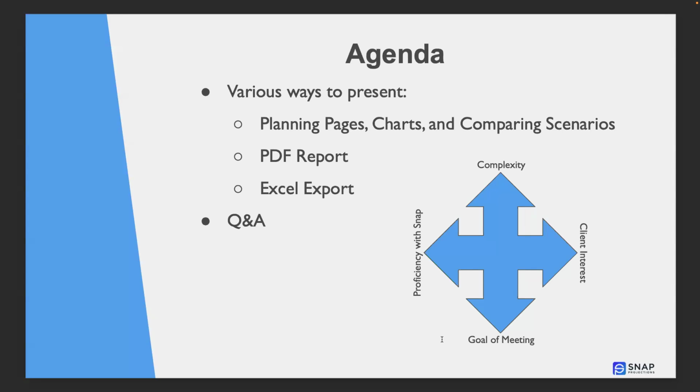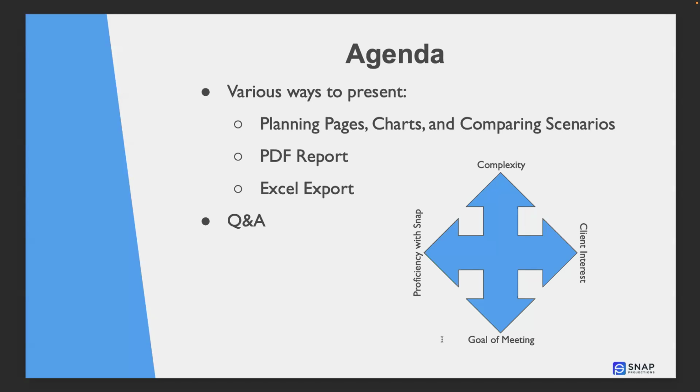And this is going to be based on a few different things. So the complexity of the report, how much detail will your client want to see? If it is more involved, perhaps that would make more sense to go into further detail. The client interest. So again, depending on your client, do they want to see a full report? Do they want a shorter version of it?